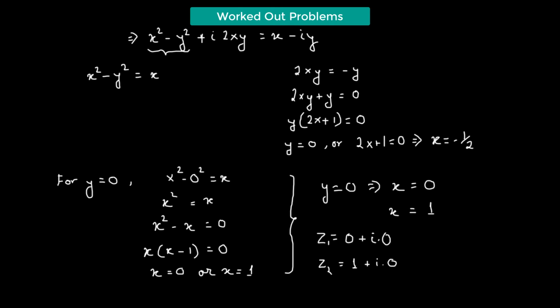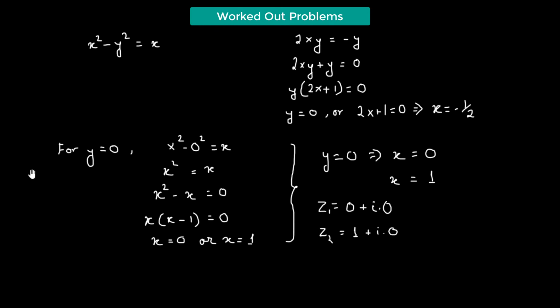So for x equals -half, we have -half squared minus y squared is equal to -half. So let us solve for this.